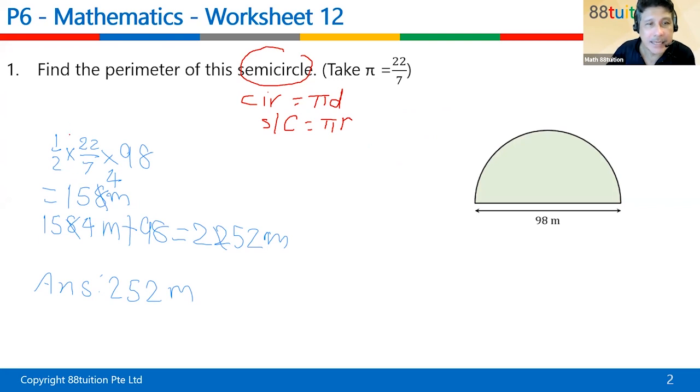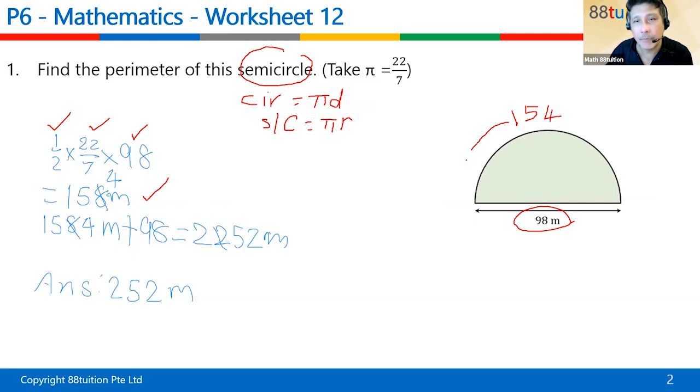So let's see what happens at the beginning. I notice 98 is used. 98 is the diameter, so that is D. That's why you see a half there. So half D is there, and the 22 over 7 is the pi. That gets you 154. But what is 154? 154 is this curve here. I'm writing the 154 here now.